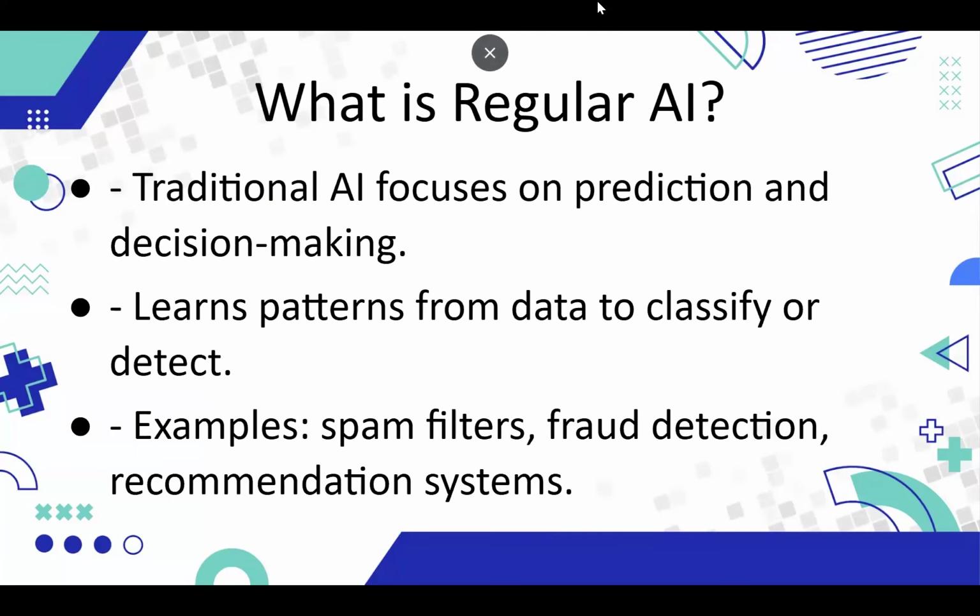First, let's look at what regular AI is. Regular AI mainly focuses on prediction and decision making. It learns patterns from existing data and uses them to classify, detect, or recommend things.